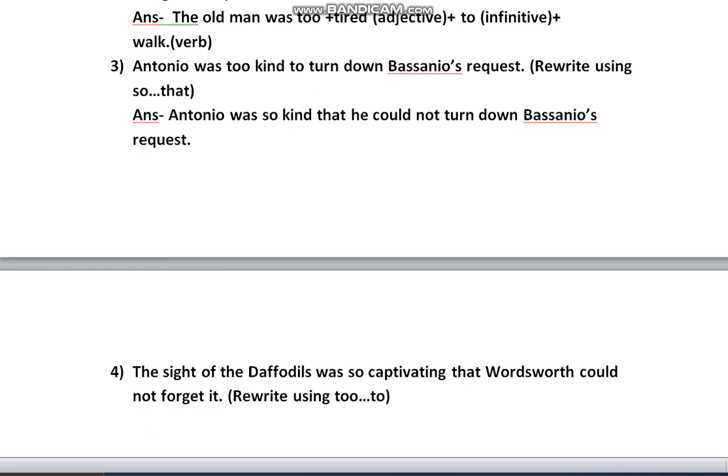Next question. The sight of the daffodils was so captivating that Wordsworth could not forget it. Rewrite using too and to. The answer will be: the sight of the daffodils was too captivating.